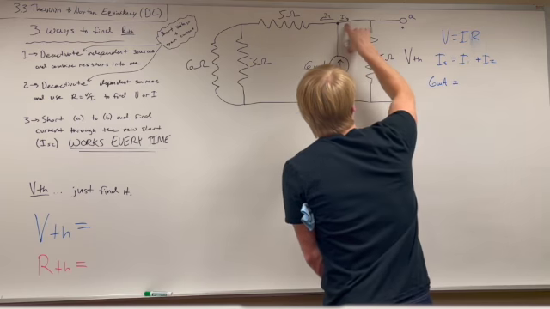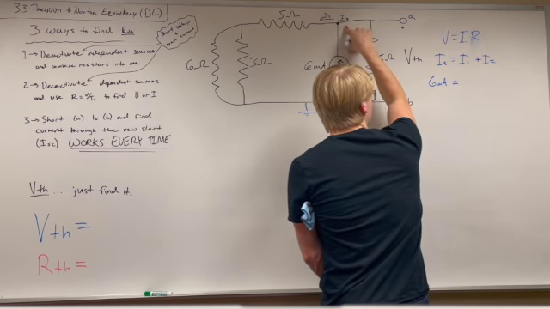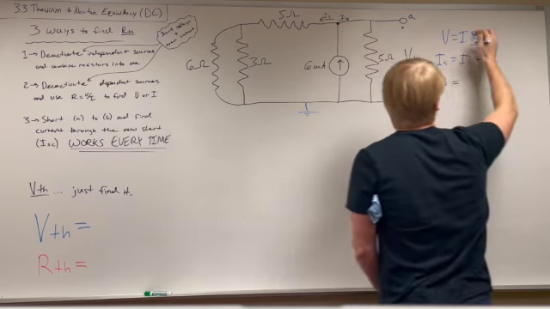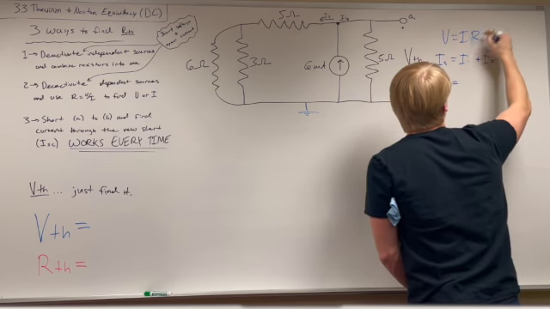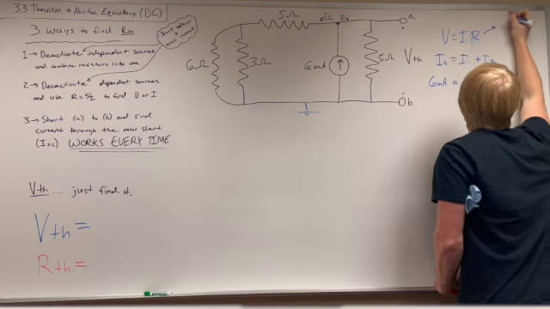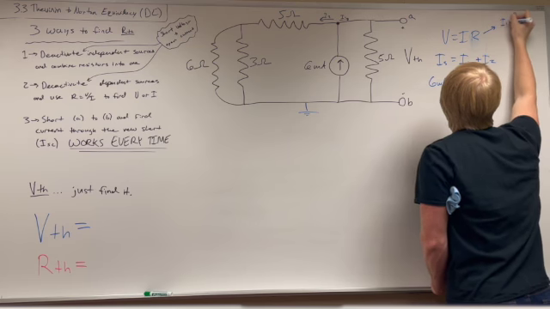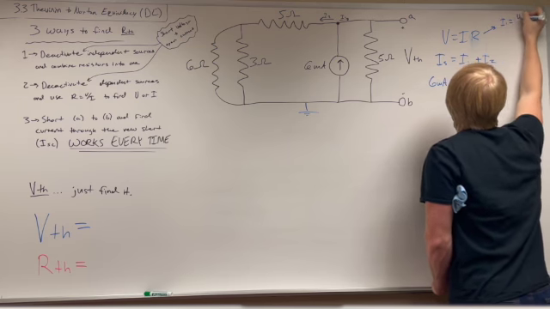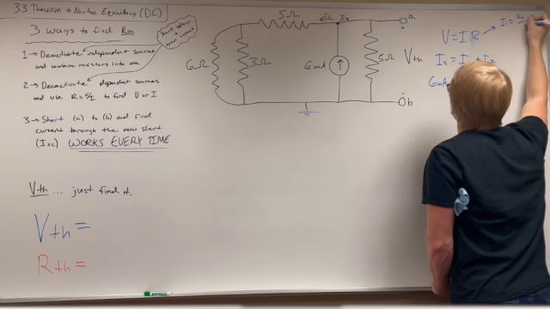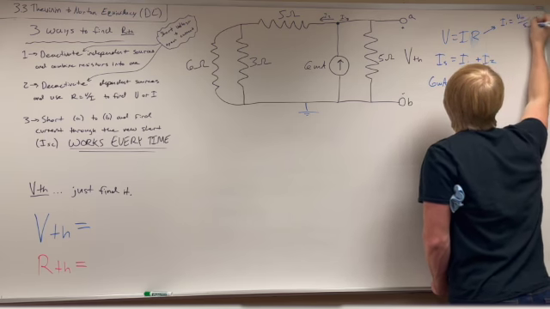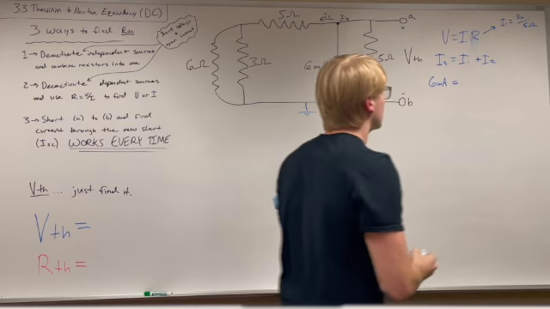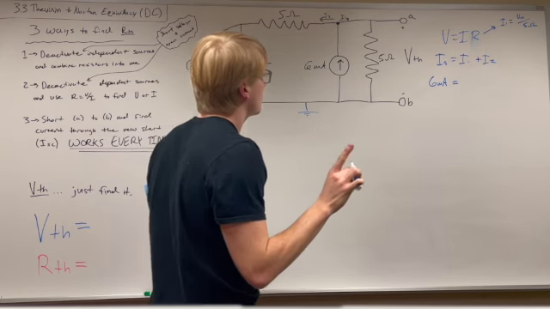Our current right here, we can use V equals IR. I1 is going to be equal to V Thevenin over 5 ohms. Bear with me.